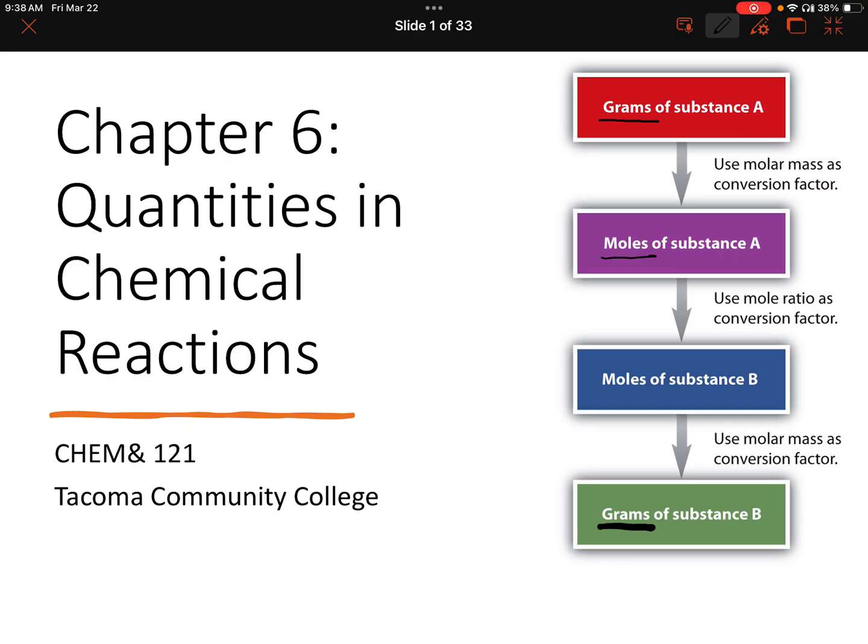We would convert grams of A to moles of A, and then convert moles of A to moles of B, and then we can finally get to grams of substance B. So we'll learn how to do this today, and this will come in very handy in future labs.